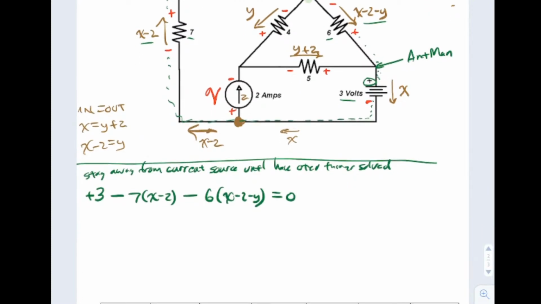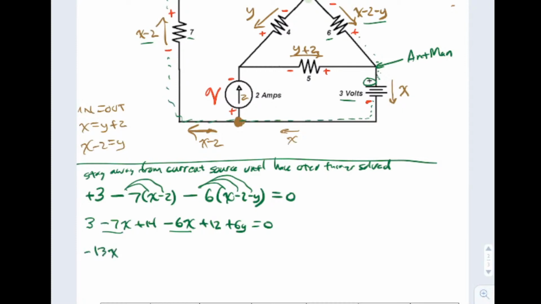Let's clean it up though. So distributing my negative 7x, and remember negative times negative is plus 14. Distribute here, minus 6x, minus times minus is a plus 12, minus times minus is a plus 6y. That all equals 0. I'd like to put my x terms first. These are on the same side of the equation, so I can just combine them together. Negative 13x.